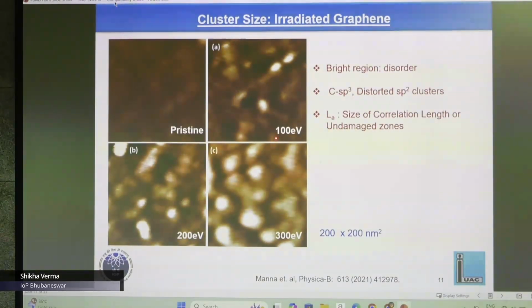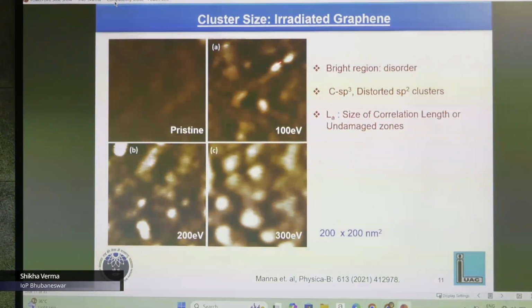These are some AFM images. This is what the single layer monolayer pristine graphene looks like. All images are 200 by 200 nanometer. Once you irradiate with the 100 eV argon ions, what you start seeing are some bright spots, and these bright spots are actually the regions where the sp2 has been deformed into sp3.